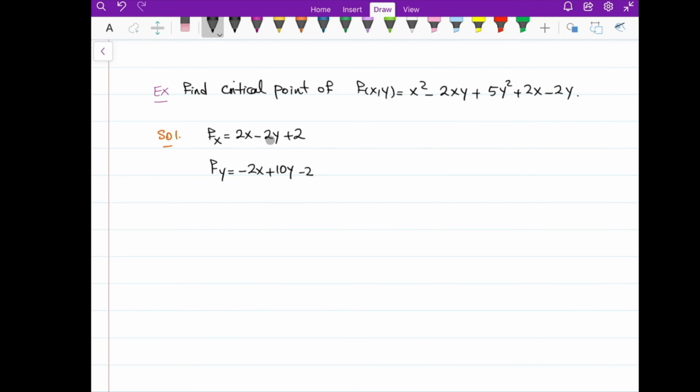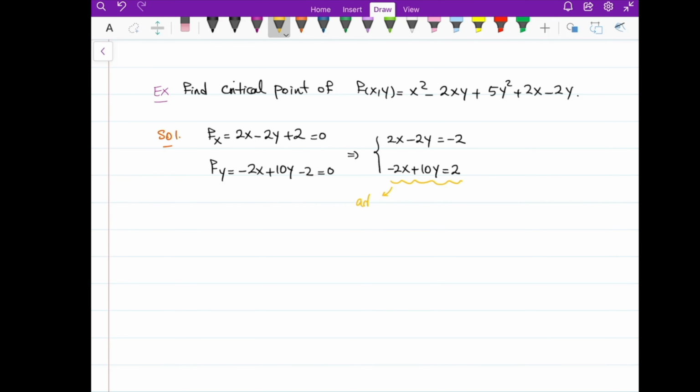And since both of them are polynomials, the partial derivatives exist. So I just need to check when both of them at the same time are equal to 0, which means that I need to solve a system of equations, and I need to find x and y that satisfy both these two equations.